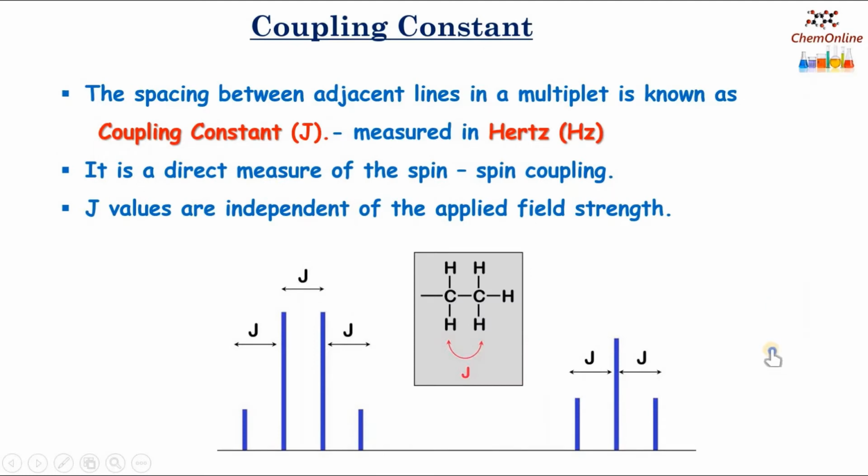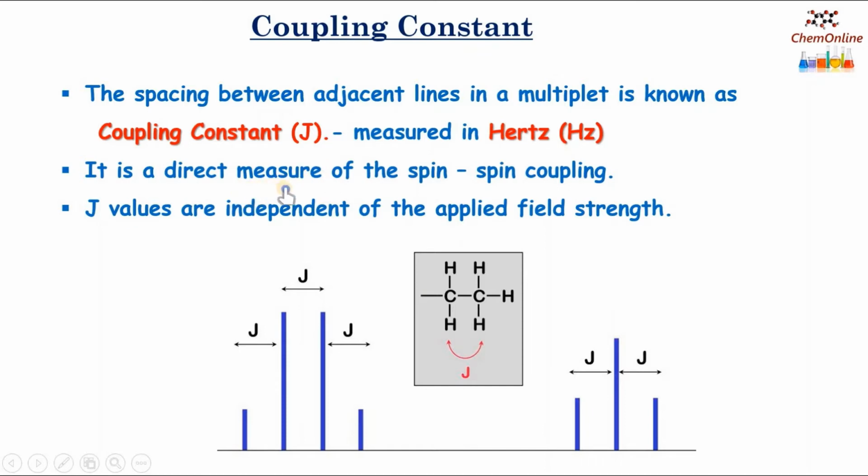The next is coupling constant. We have seen that each signal will split up into multiplets. The spacing between adjacent lines in a multiplet is known as the coupling constant, usually represented as J, and it is measured in Hertz.